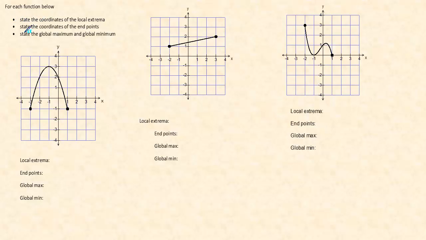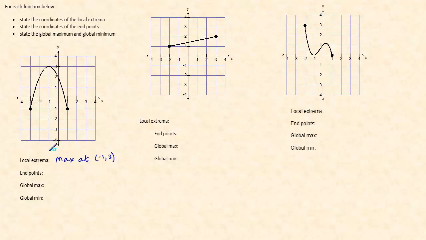For each function below, state the coordinates of the local extrema, state the coordinates of the endpoints, state the global maximum and global minimum. So if we look at this one, local extrema, we've got a local max, which is at -1, 3.